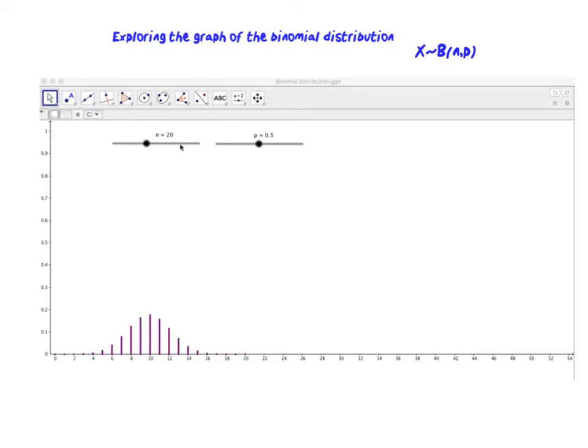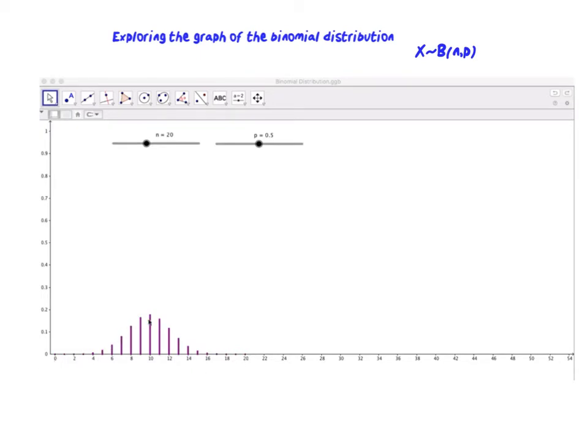So I have 20 trials, with p being the probability of success, so I have a 50% chance of success. X, the variable which is binomially distributed, measures the number of successes within 20 trials. So I can have 0 successes, 1 success, 2 successes, up to 20 successes.